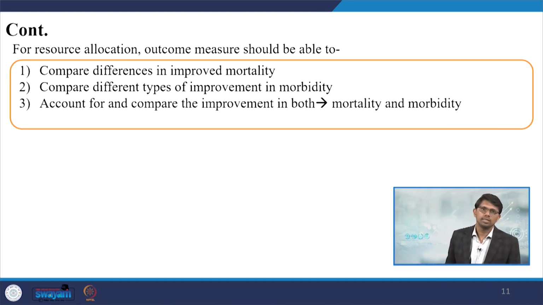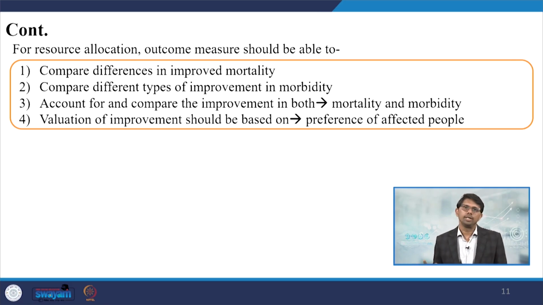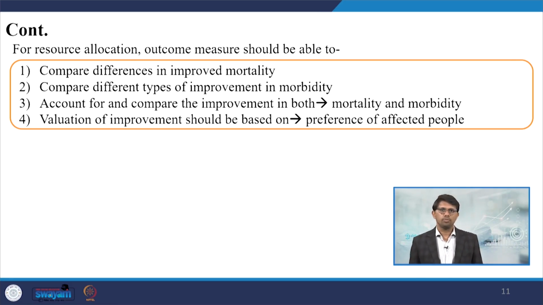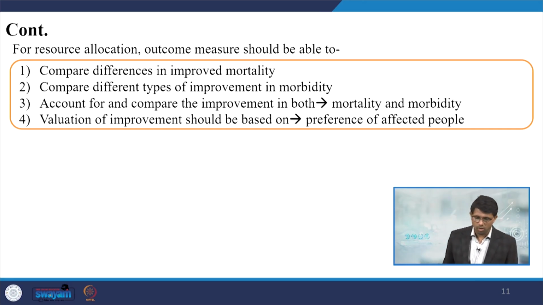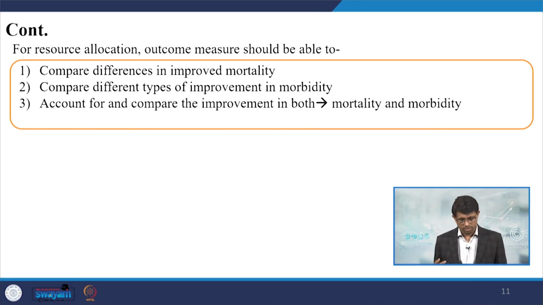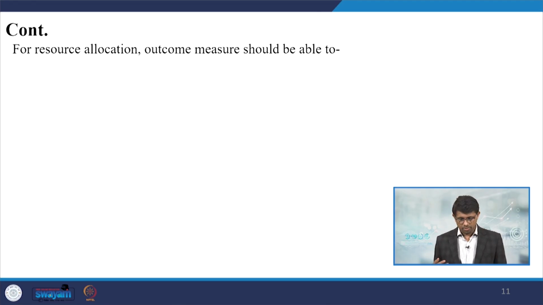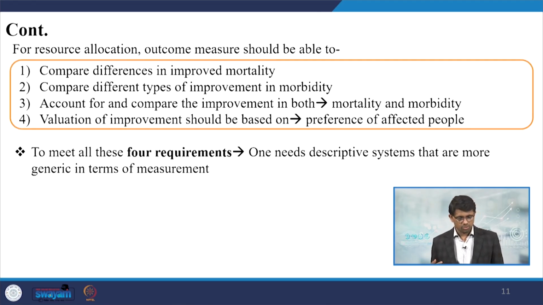They should account for and compare the improvements in both mortality and morbidity, and the valuation of improvement should be based on the preference of affected people. These are a little difficult in the previous case. I think the later models will use those aspects.